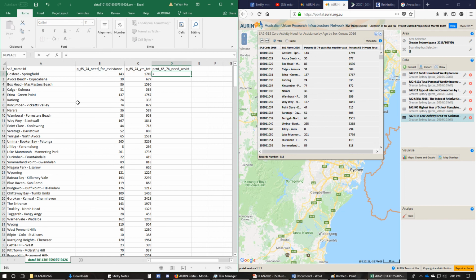Equals that over total. Why am I so bad at this? Equals bracket that out of total, close bracket times 100, close bracket divide by 100. Okay, and then clean it up.